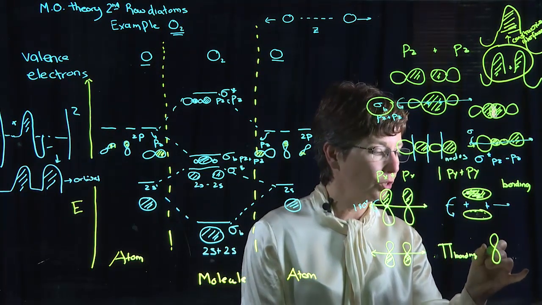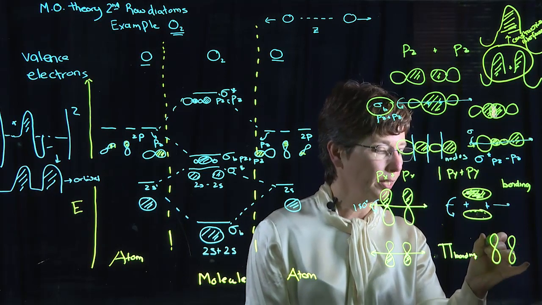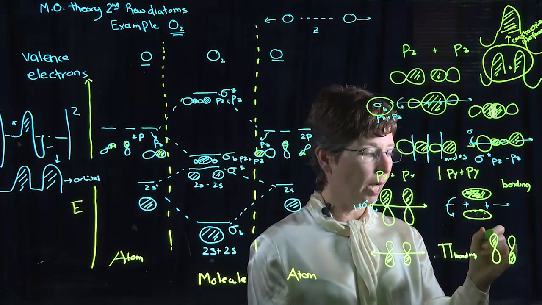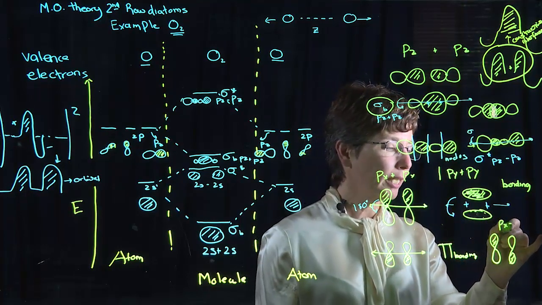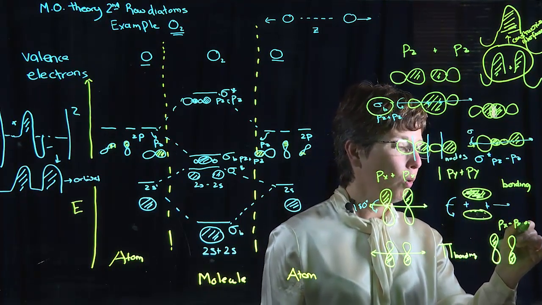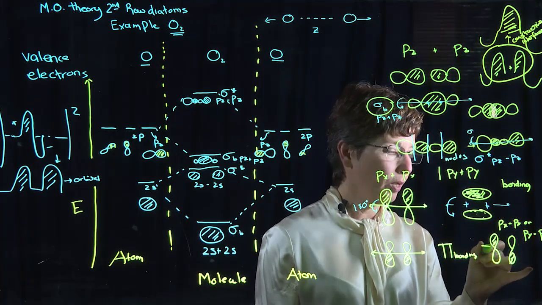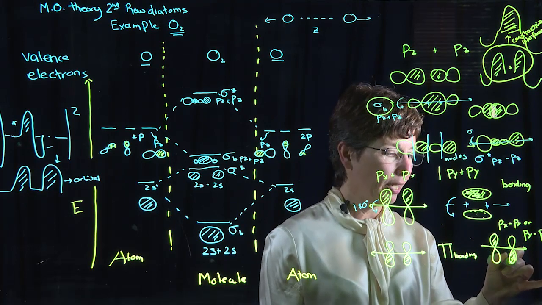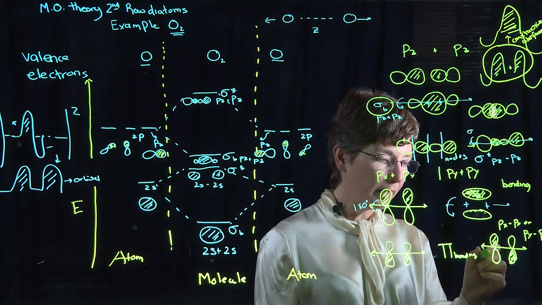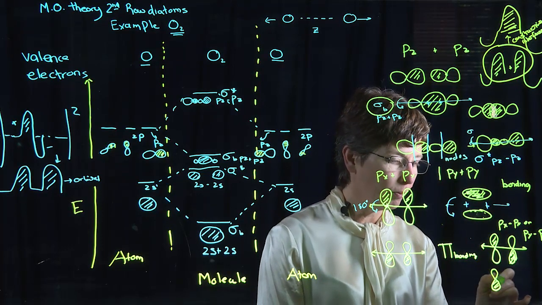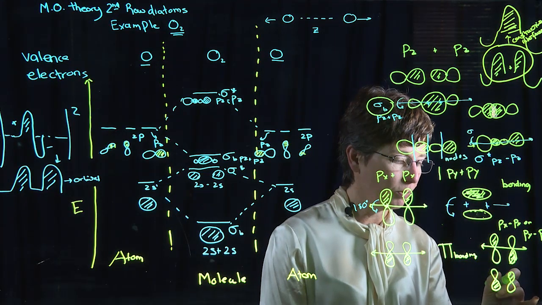And the alternative, so this was px plus px or py plus py, px minus px or py minus py will look like this, where we have lots of nodes, but this too still looks exactly the opposite when I rotate it by 180 degrees.